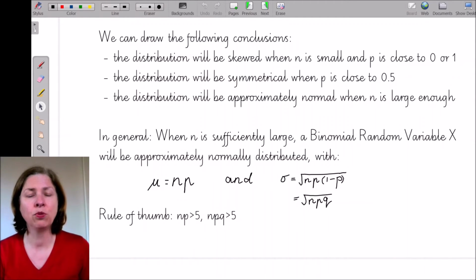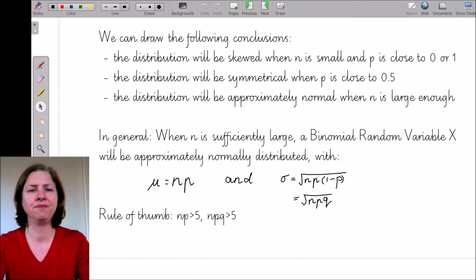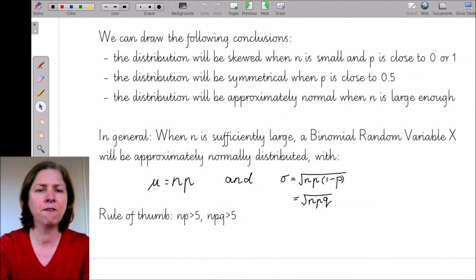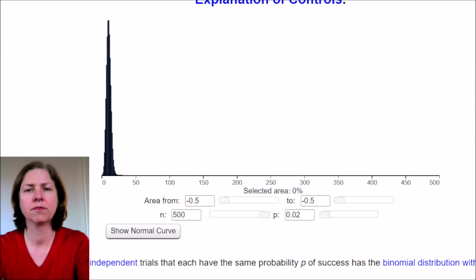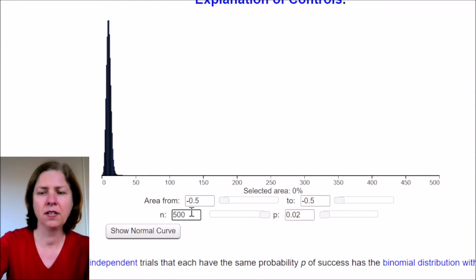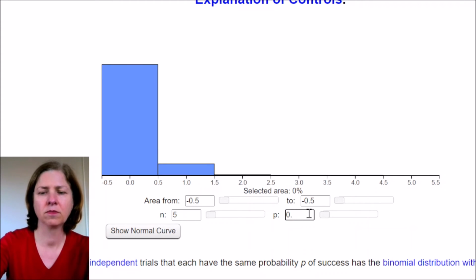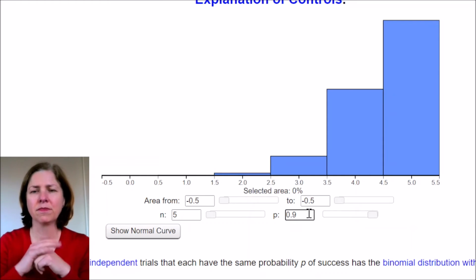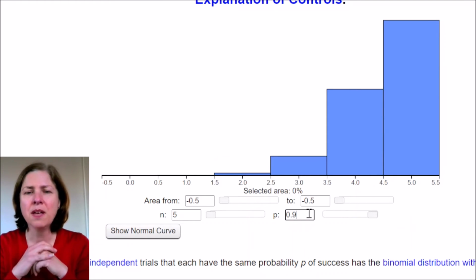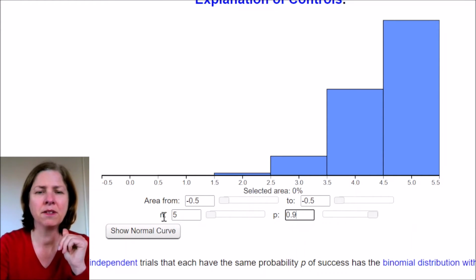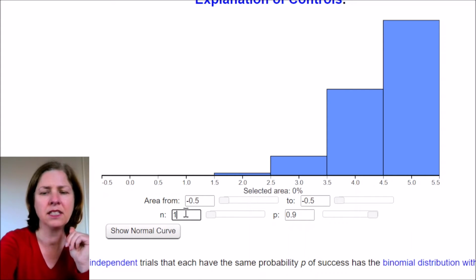So for example, if n was 5 and p was 0.9, np is greater than 5. Let's look at that. When n is 5 and p is 0.9. It's definitely looking skewed, but sorry, not n is 5, n was 10 I said, didn't I?